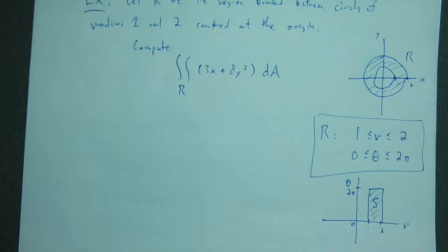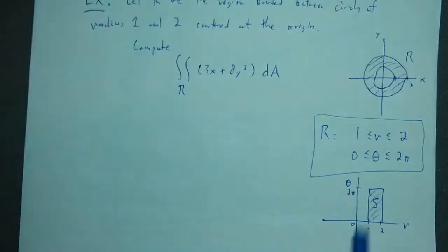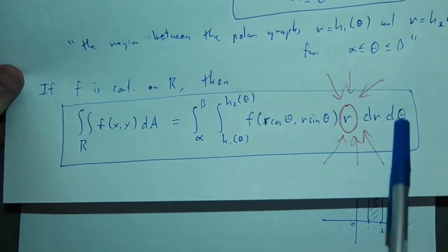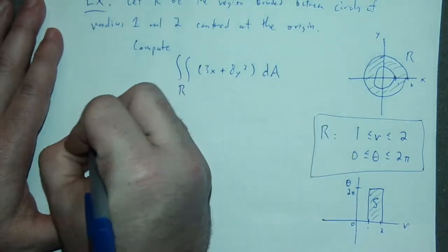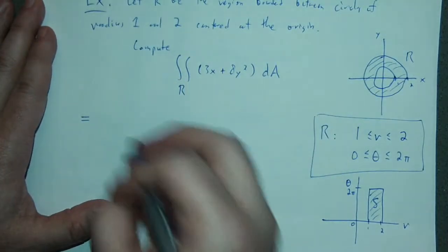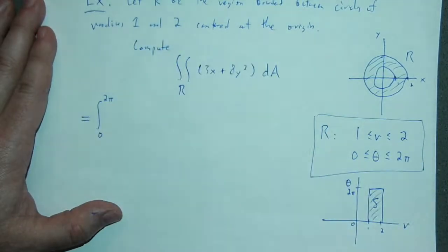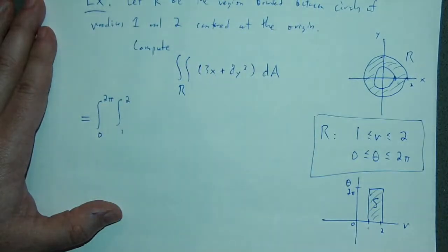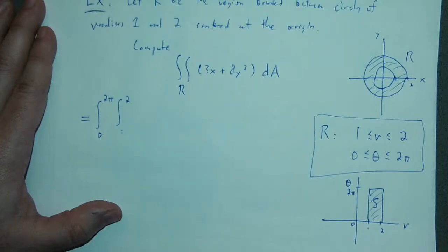Let's remember my statement that if everything is satisfied, and here it obviously is, it's a very simple case, then this double integral can be computed in this very specific way. Okay, and so I want to write this is then equal to the integral from 0 to 2 pi. Right, the theta integral is always on the outside. The integral from 1 to 2 of 3x plus 8y squared, but I'm plugging in my polar coordinate transformation, right?